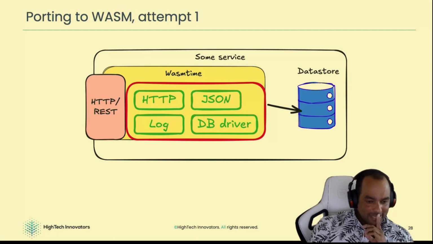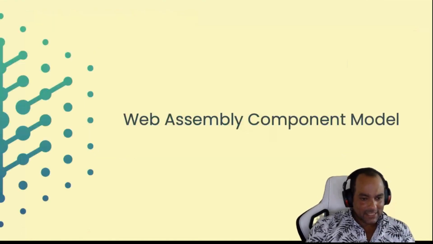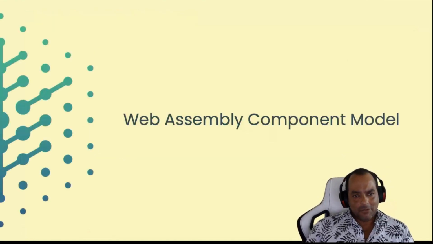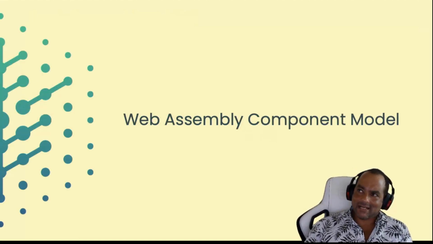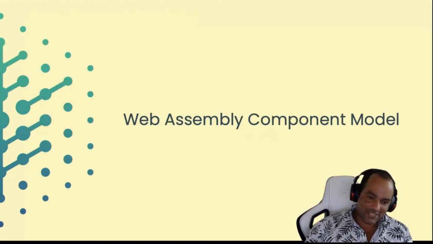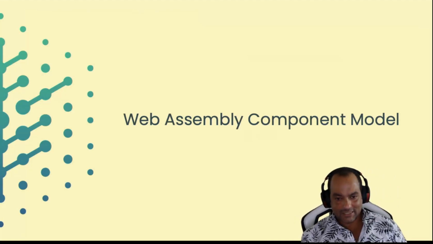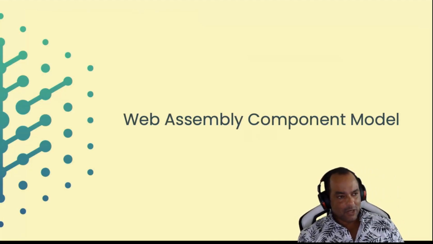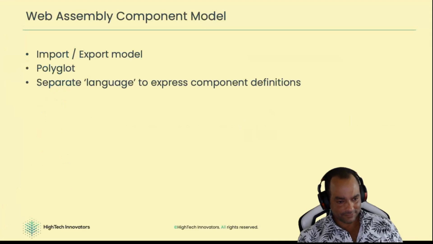So can we do better? Yes, we can. And that's called the WebAssembly component model. It started when WebAssembly began to gain some traction on the server side, and it is a model to organize code in a more reusable fashion.